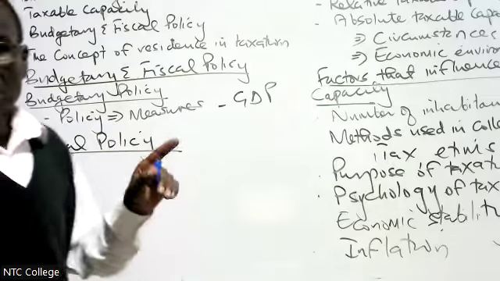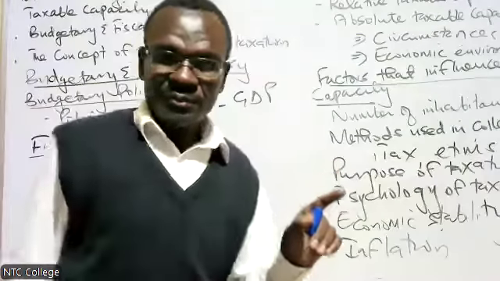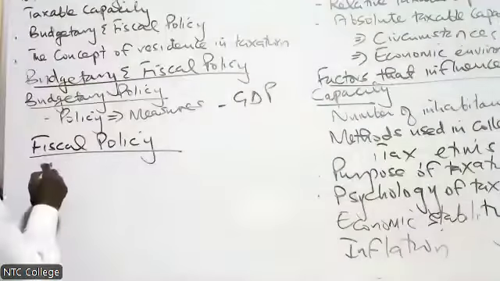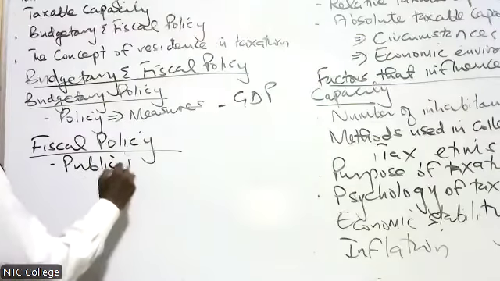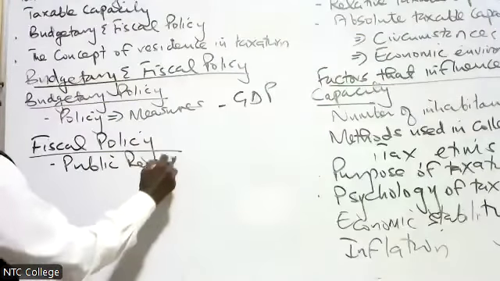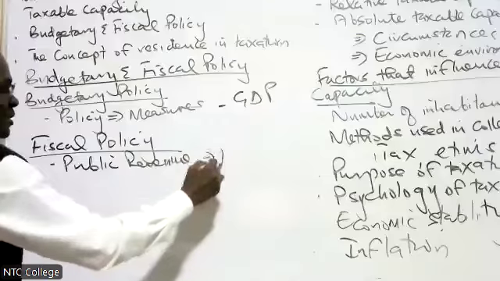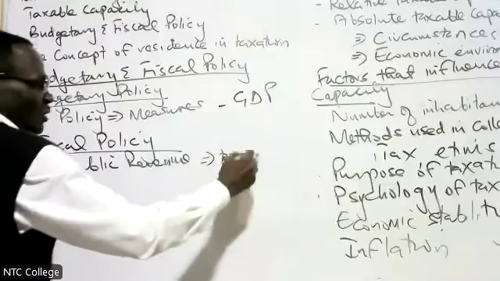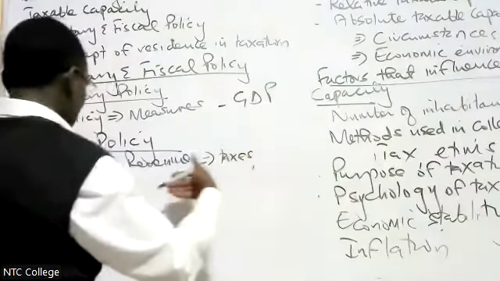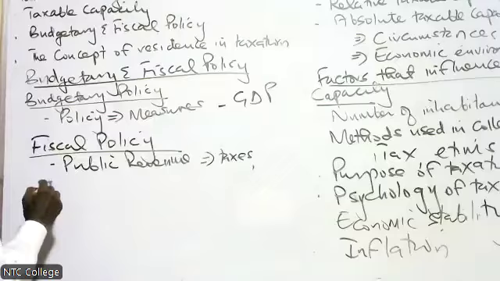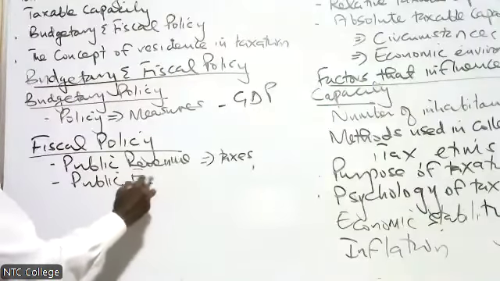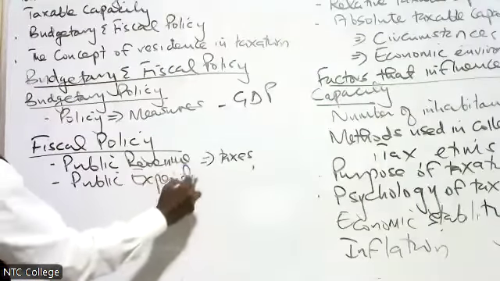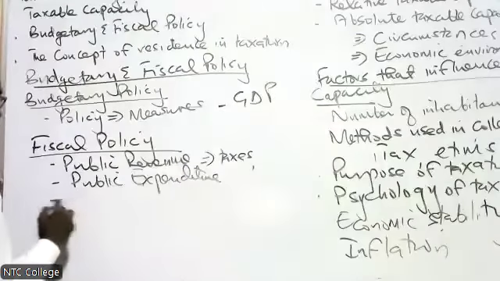So fiscal policy is a combination. It's the combination of public revenue. This is where you have taxes, you have other sources of public revenue, then you have public expenditure, and public debt.